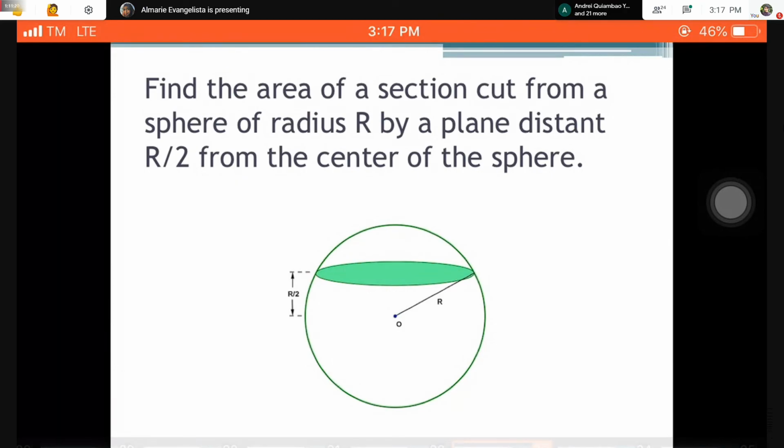Tapos merong R which is yung radius din ng sphere. So, ang tinatanong is yung area ng section.